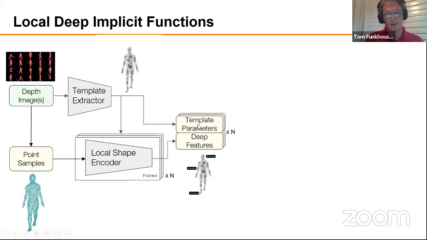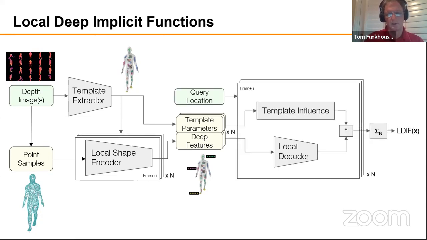So our final representation is like I showed, where there are these template parameters, which are the Gaussians, and then each of the Gaussians has a latent code with deep features. So then we have a decoder that will decode the deep features with an occupancy network kind of network to produce a function.